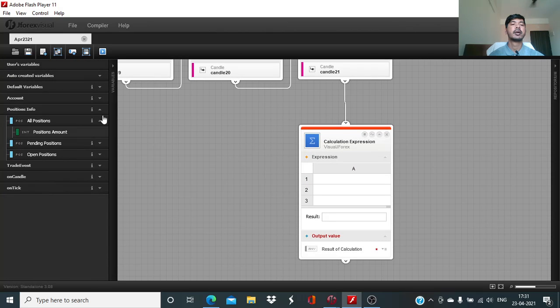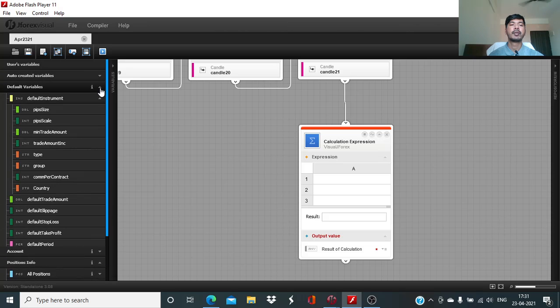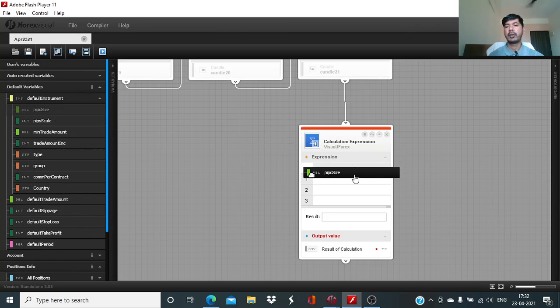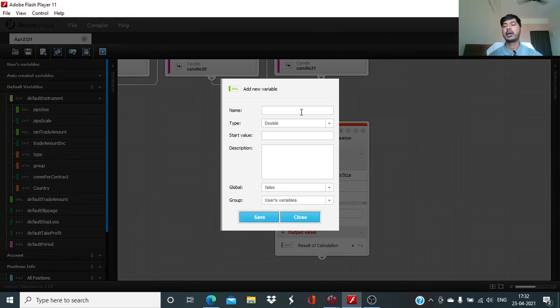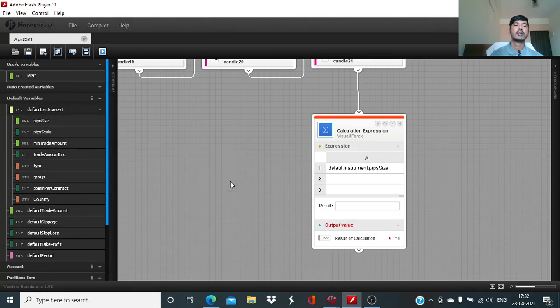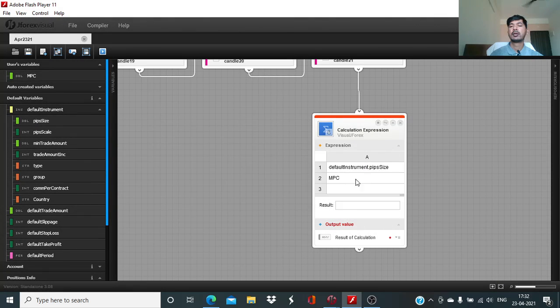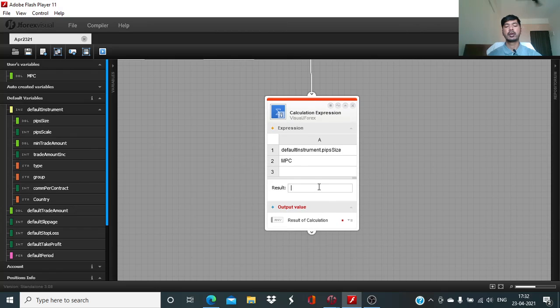And for defining pips, we will need the default instrument pip size, which needs to be multiplied with a new variable, and we will keep it 15 pips. We will make it A1 into A2.